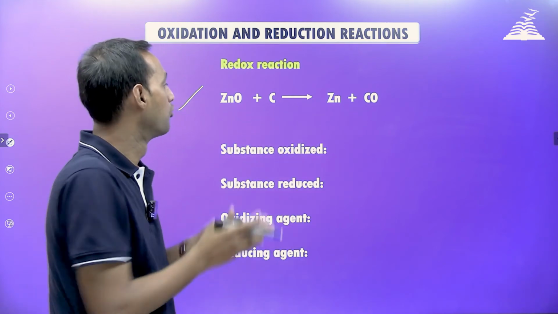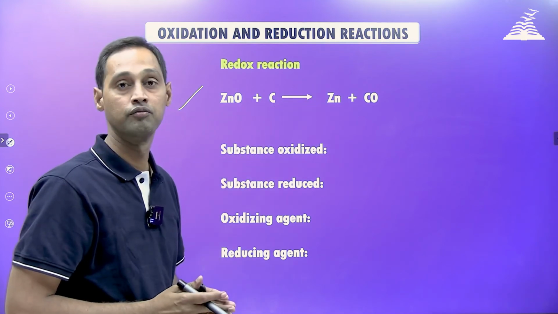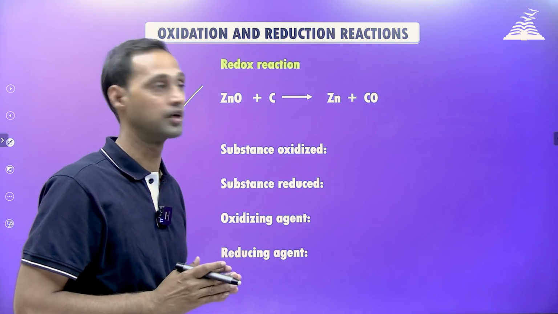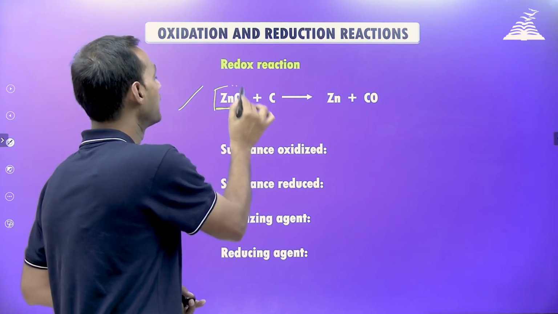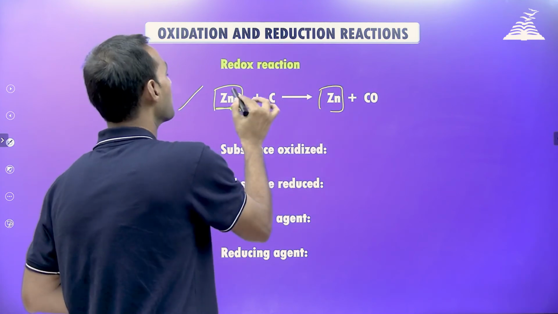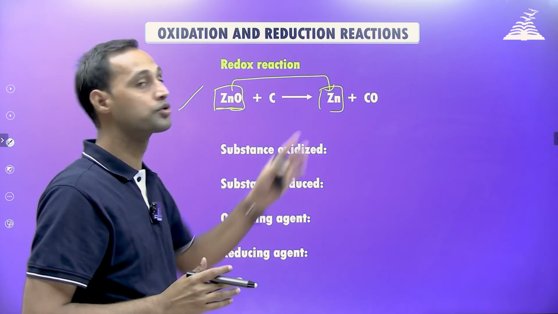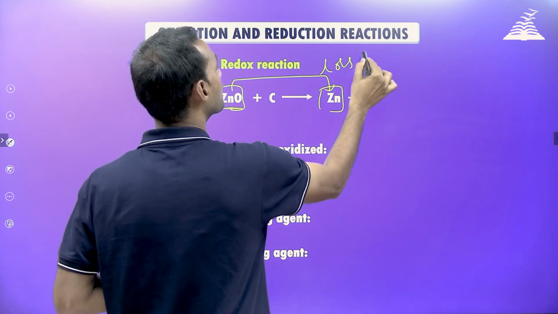Let us see which substance undergoes oxidation and which undergoes reduction. Why do we say this is a redox reaction? Let's take a look at zinc oxide. Zinc oxide has been reduced to zinc. Why do I say it is reduced? Because here we notice loss of oxygen.